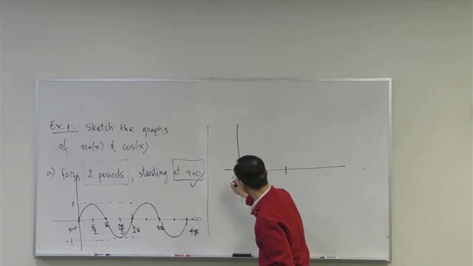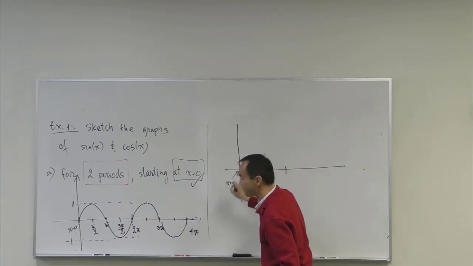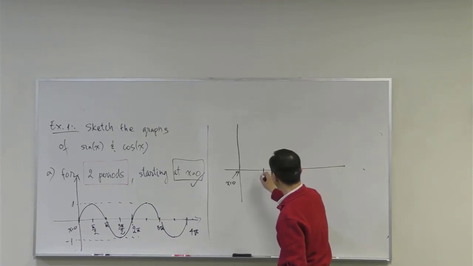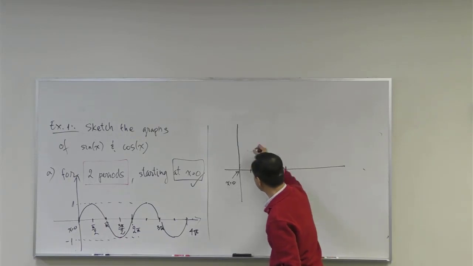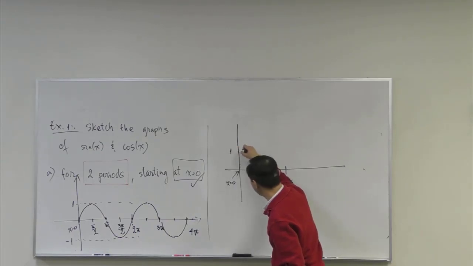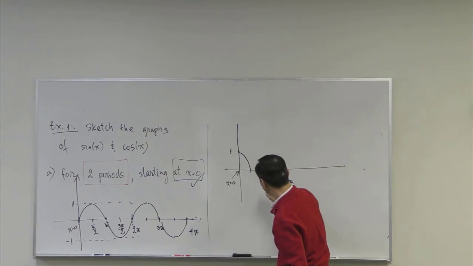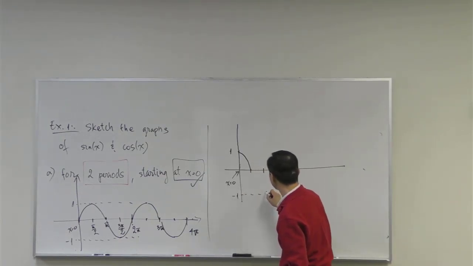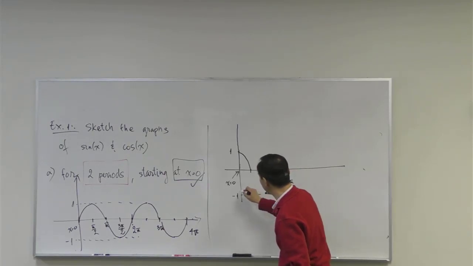So this is where x equals 0, our start. And then the ending here has to be a 2 pi, with halfway and quarters. But for the cosine, it starts high, so let's call it 1 right here. It starts high, it drops down to 0 at the first quarter, and it drops further down to a negative 1 down here. You set your scale for how far 1 is.